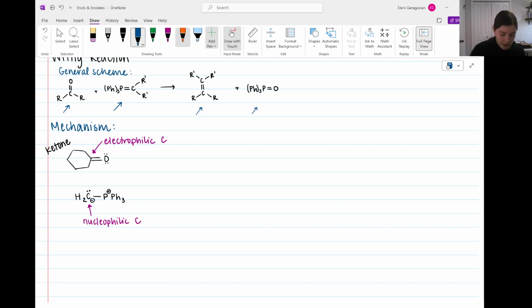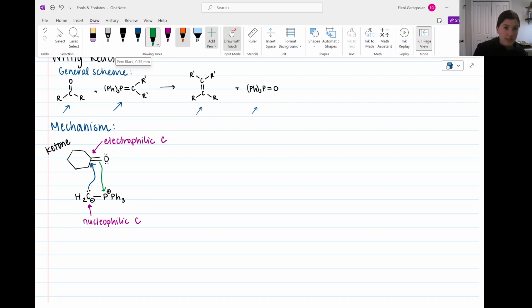So our nucleophilic carbon has electrons it is willing to share with the electrophilic carbon. So we create a new carbon-to-carbon bond there. Now we know the pi bond between carbon and oxygen will break. Instead of that pi bond going up to the oxygen, those electrons in the pi bond are more attracted to the phosphorus in the ylide, which is positively charged.